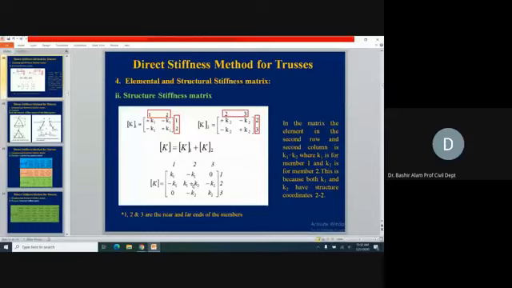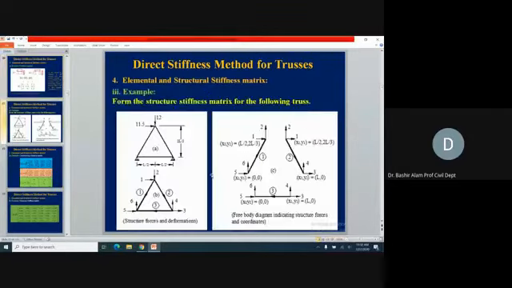This is because both K1 and K2 have structural coordinates 2, 2. So they are connected here, both are contributing, so that's why they are adding up. The purpose of showing this slide is how we add up these elemental stiffness matrices to make a structural stiffness matrix. So let's go to the next slide now.